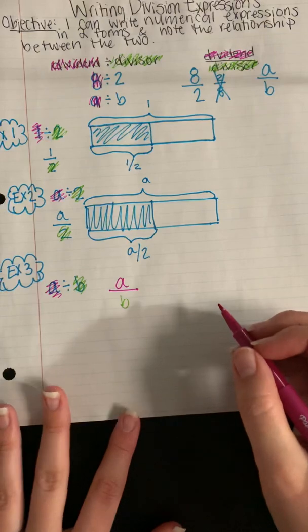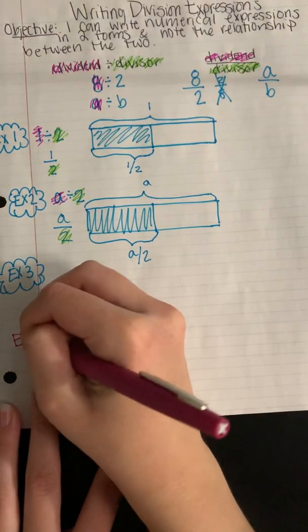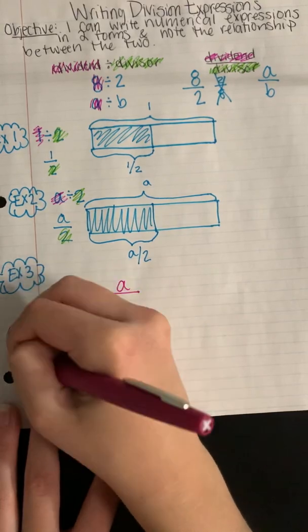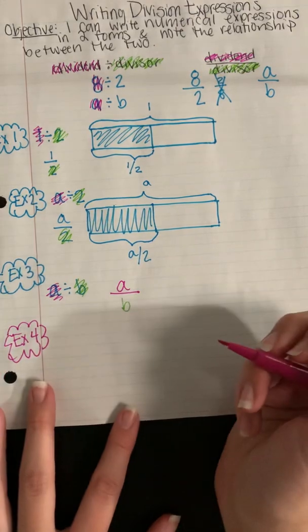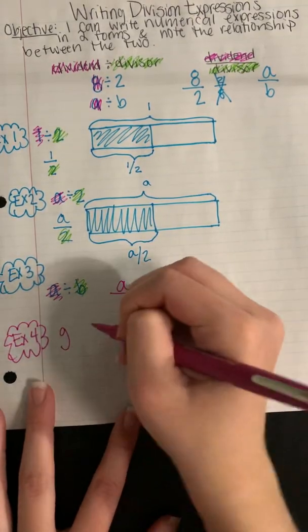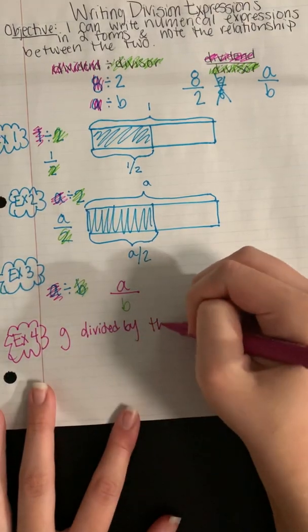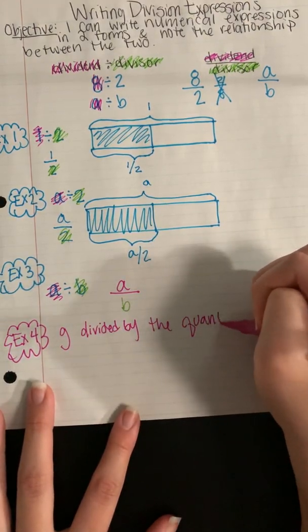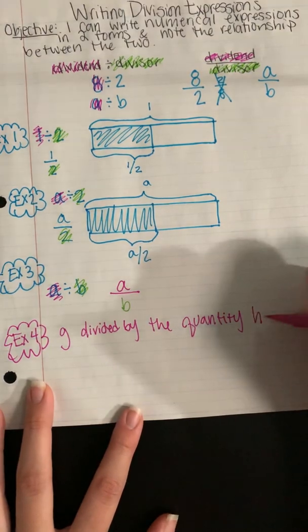What about if I gave you a problem, we'll call this one example 4, that looked like this. Write an expression for g divided by the quantity h plus 3.